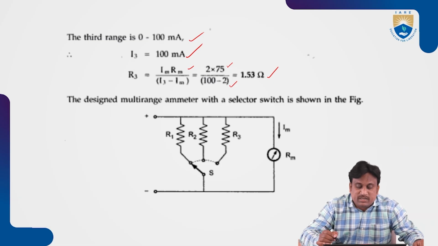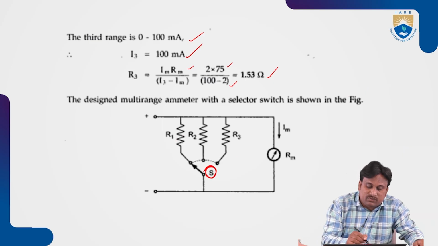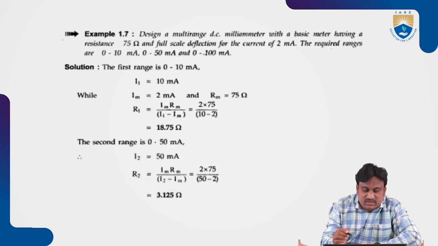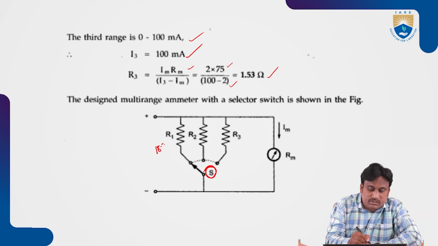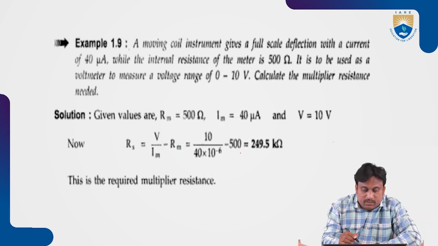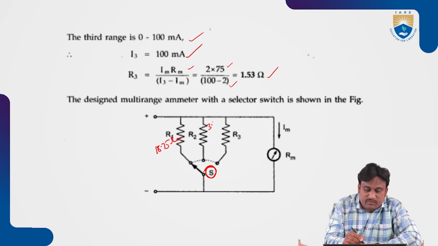So the designed multi-range ammeter with the selector switch is represented here. This is the selector switch. These are the values we calculated: R1, R2, R3. R1 is 18.75 ohms, R2 is 3.125 ohms, and R3 is 1.53 ohms.